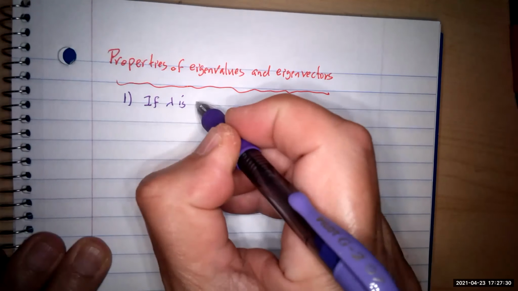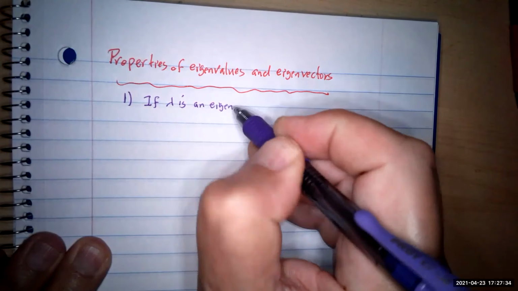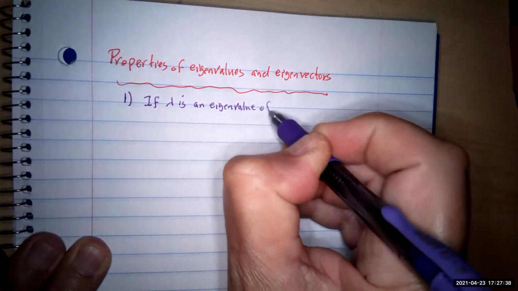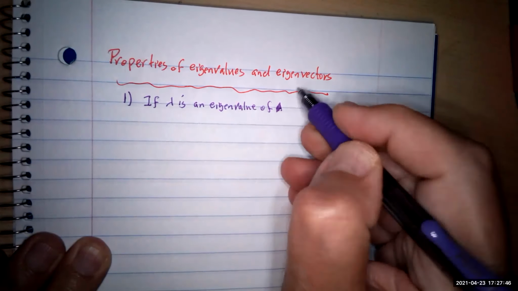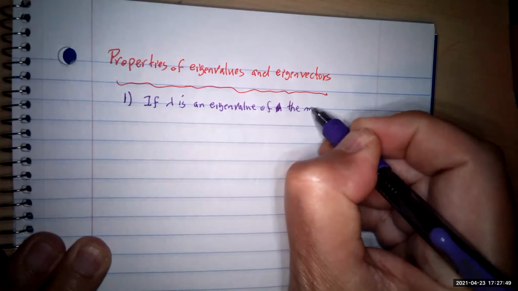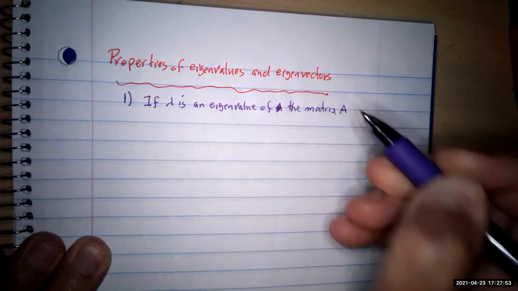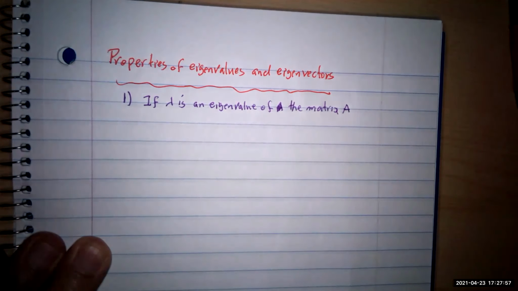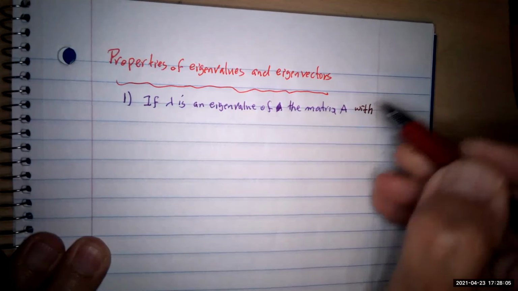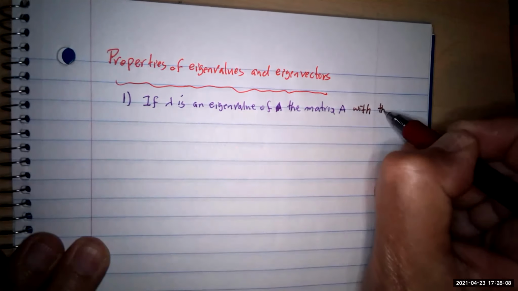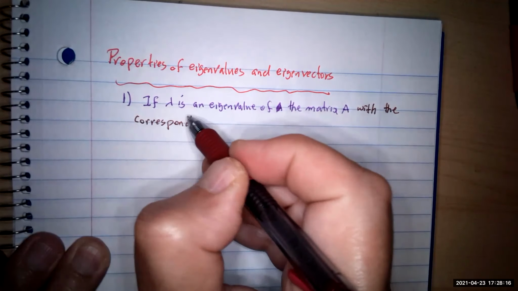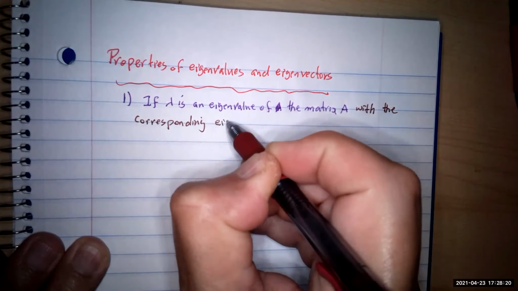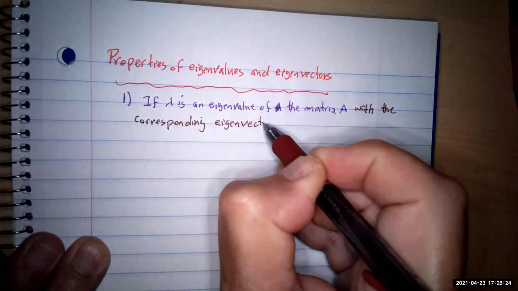If lambda is an eigenvalue of a matrix A, and you know that the matrix is a square matrix, with the corresponding eigenvector, then we can find the corresponding eigenvector x.